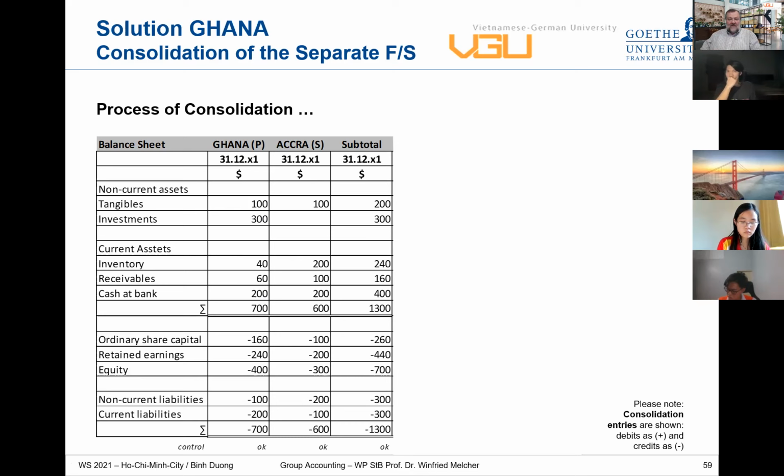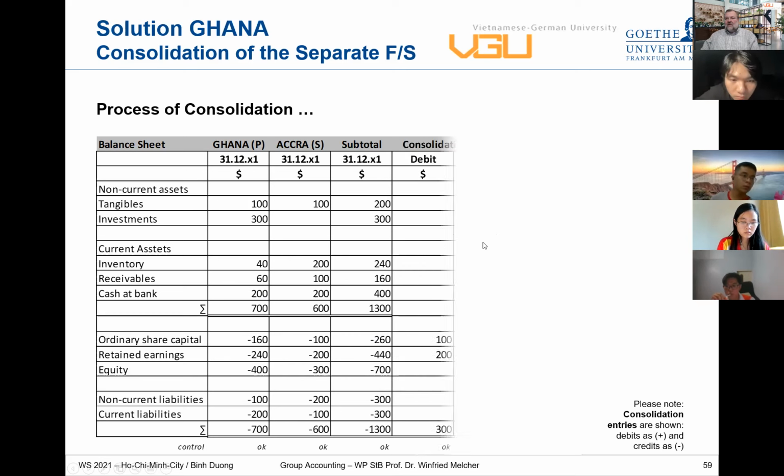So you're not richer, but equity assumes that you are now richer when you're adding the subsidiary. That is not true. So you should only have the equity of the parent in the group account. And therefore, the equity of the Accra has to be eliminated.